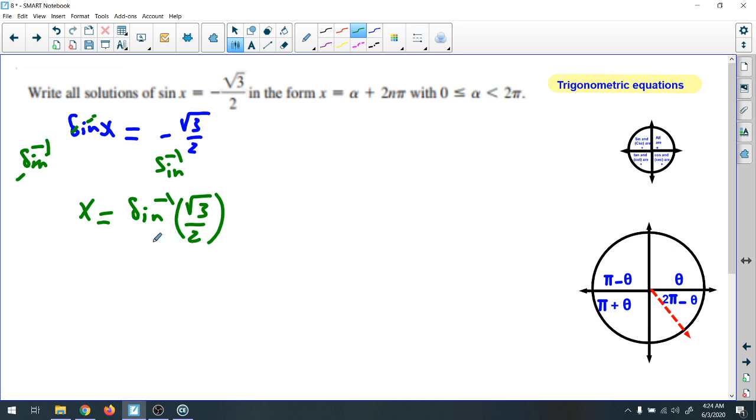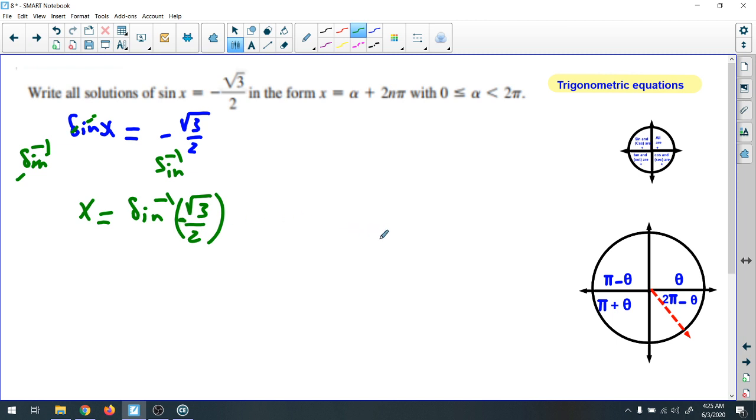Actually, it's negative here. Negative square root of 3 over 2. Sorry about that.